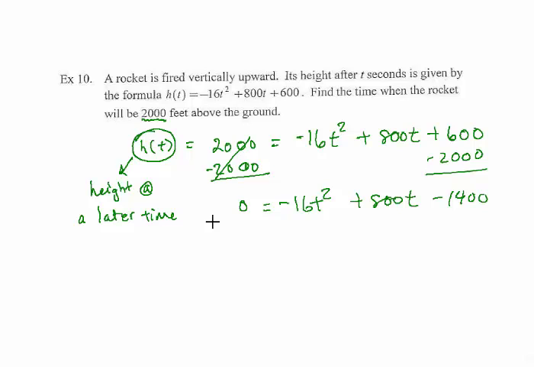And if we want to make our life easier, what we can do is reduce these numbers 16, 800, and 1400 because they're all divisible, let's see, by 4. So I'll go through and divide all the numbers by 4.